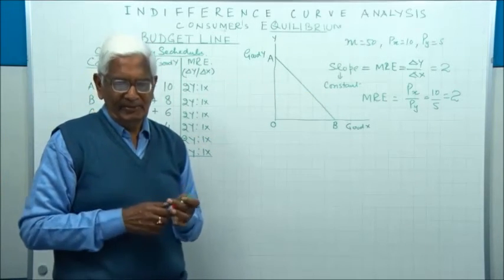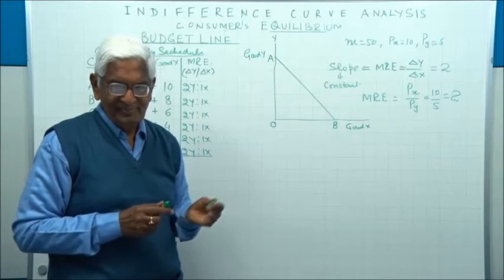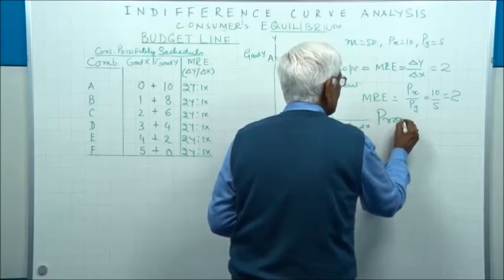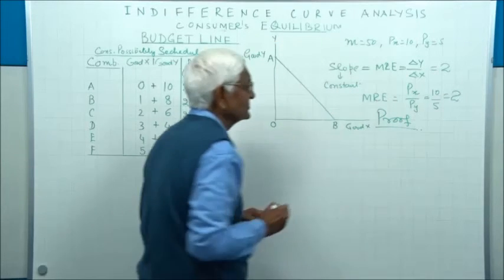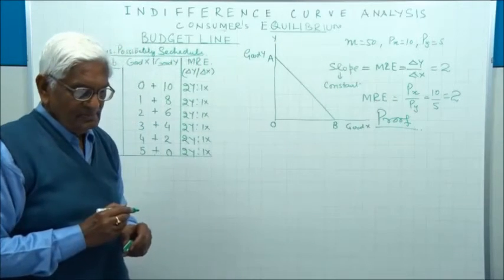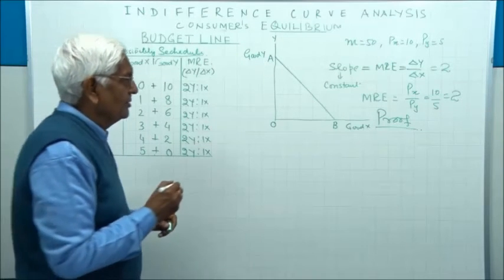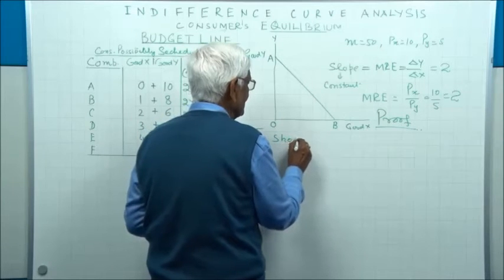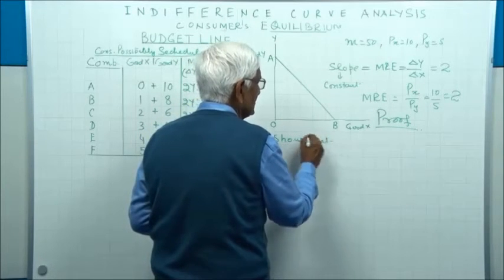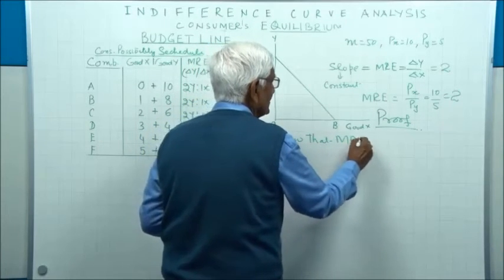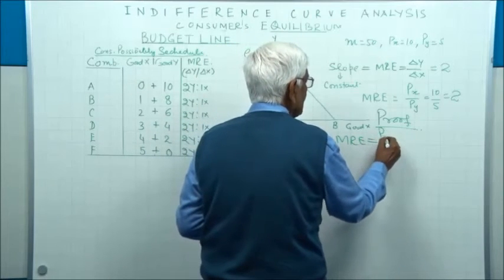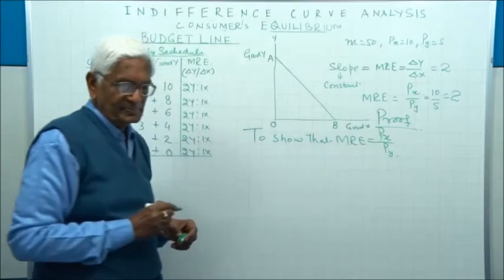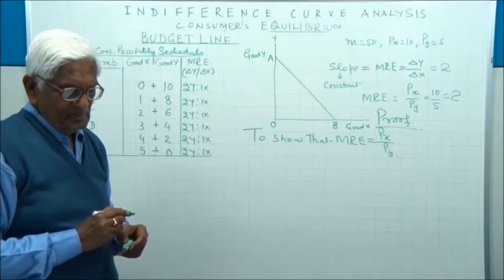इसका एक proof भी है. Let us take that proof. कि ऐसा क्यों होता है? What we have to show is that MRE is equal to PX upon PY. Okay.